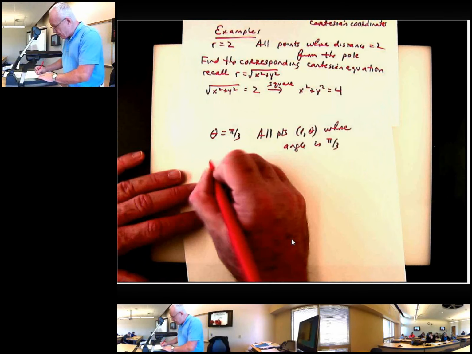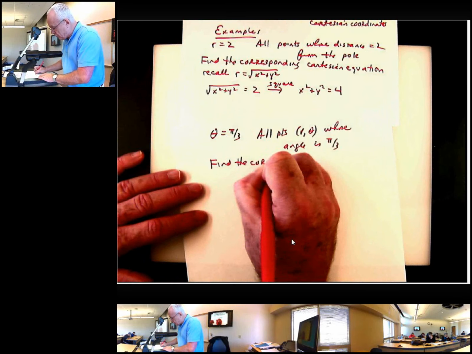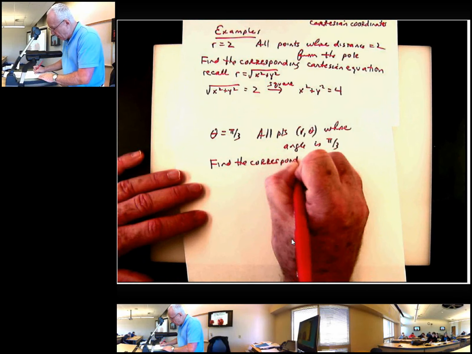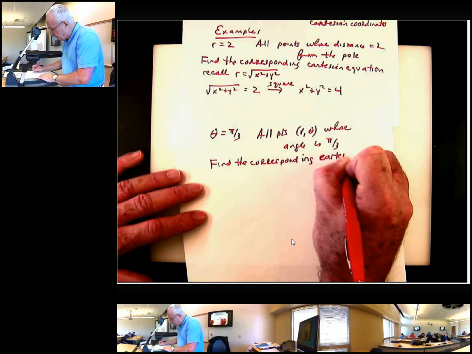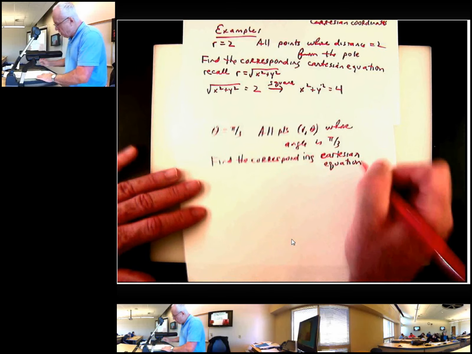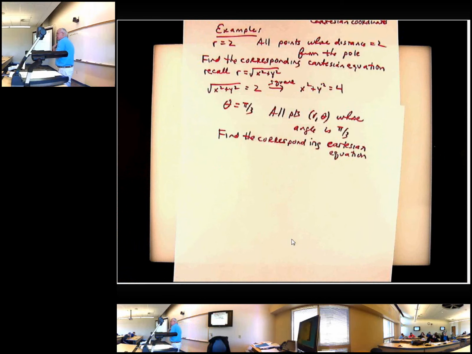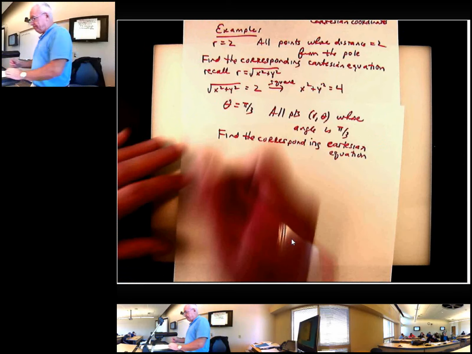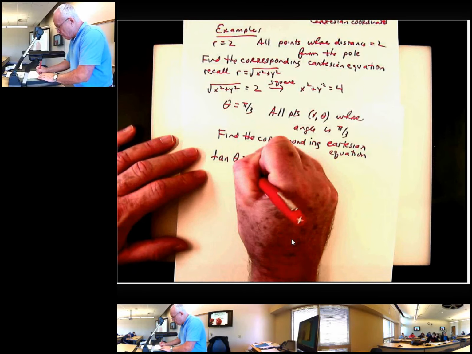And let's then find the corresponding Cartesian equation. Okay. So now we have a theta rather than an r. But what do we remember about theta? The tangent of theta is equal to y over x.